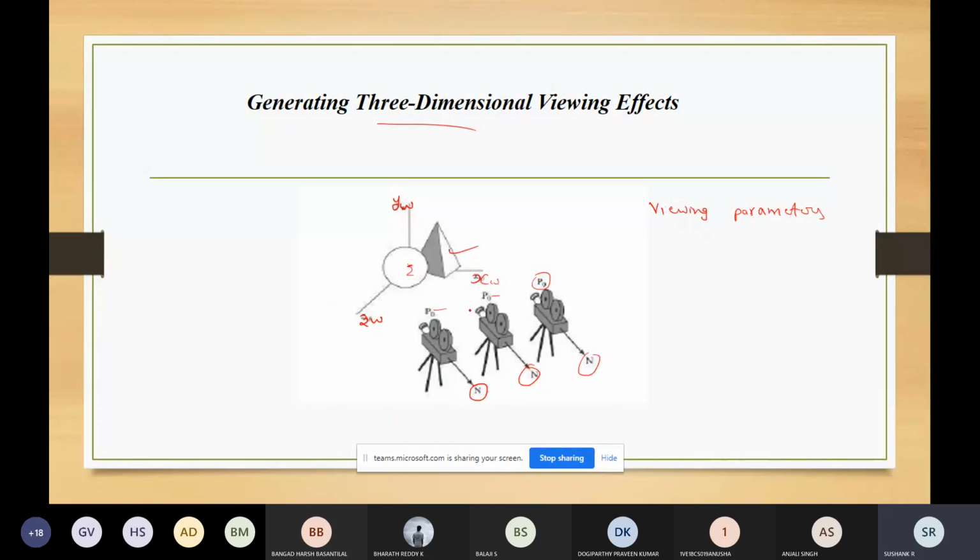P naught is fixed, and you change the direction of n to get the display object at positions near the origin. Like this you can simulate different viewing angles by making several views of the scene from the same position. From the same position itself, you can simulate different viewing angles for this object.